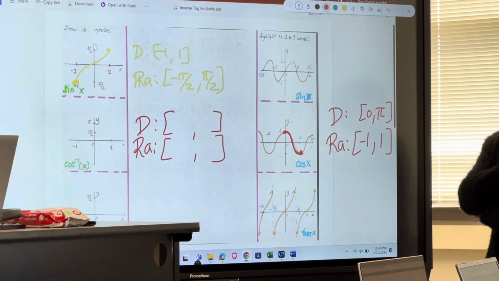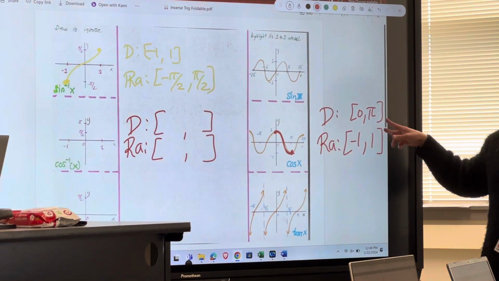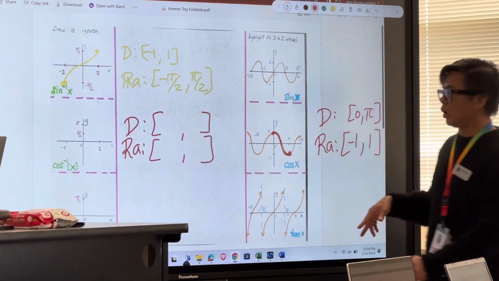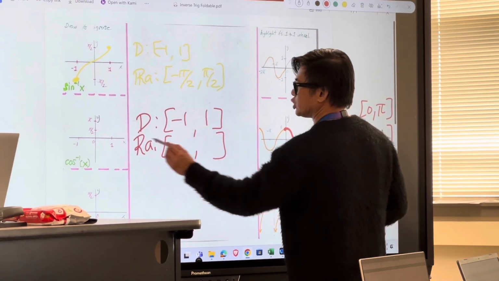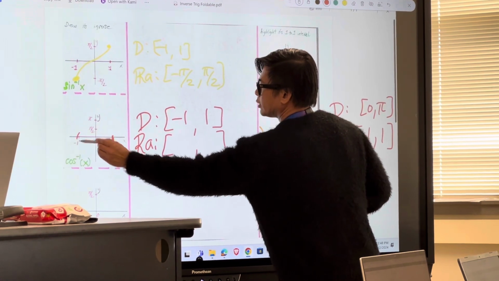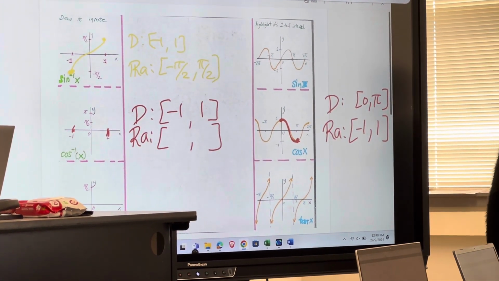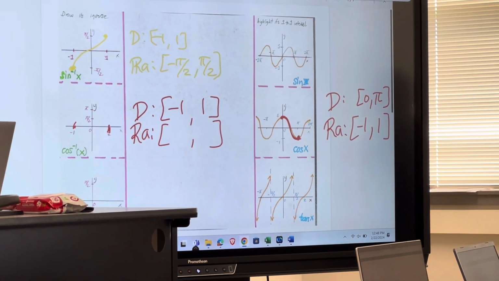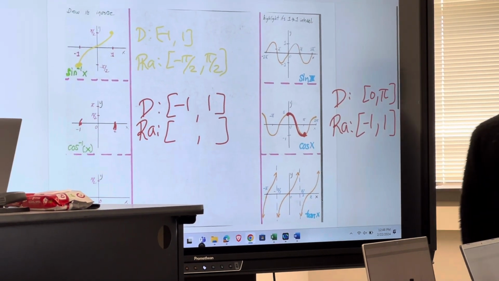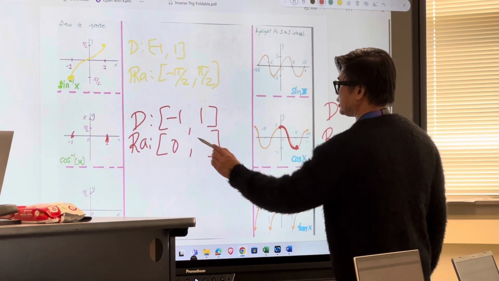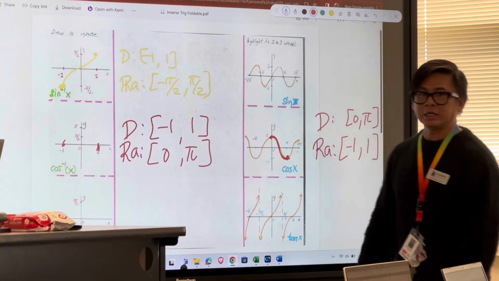What do you think is the domain for cosine inverse? Negative 1 to 1. Very good. What do you think is the range for the cosine inverse? Anyone? 0 to pi, right? So again, we basically flip them.